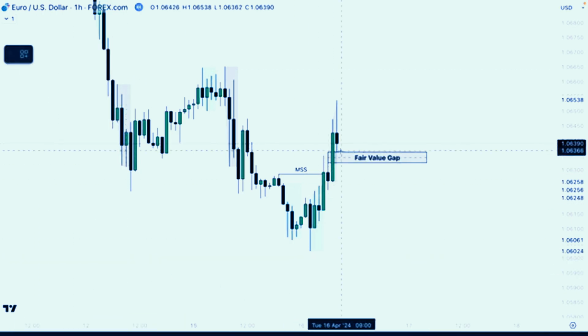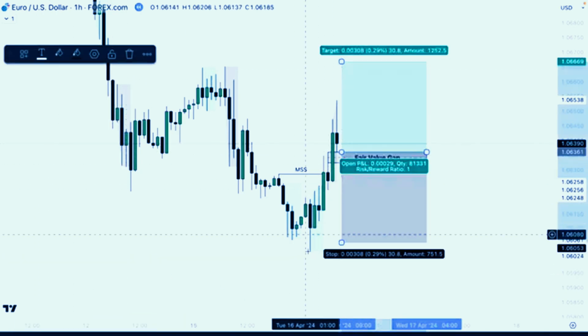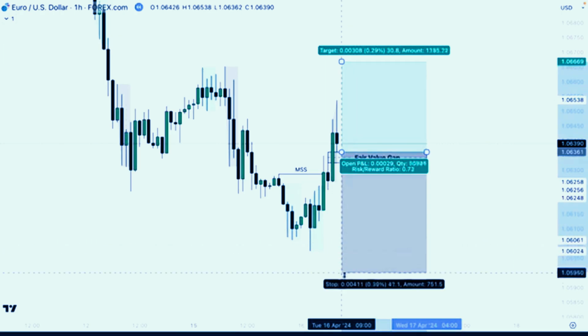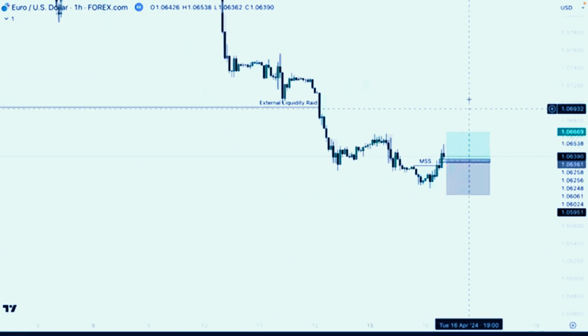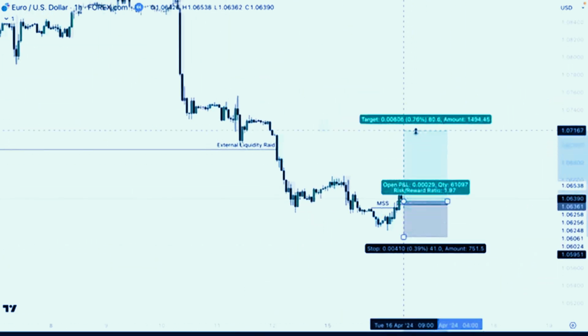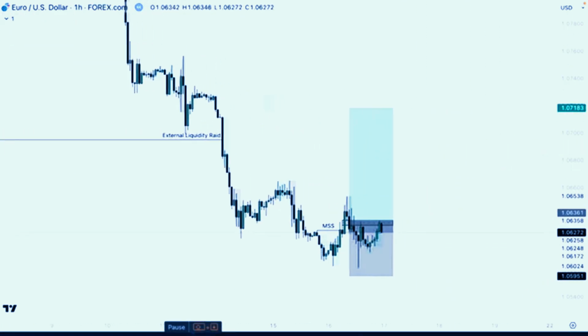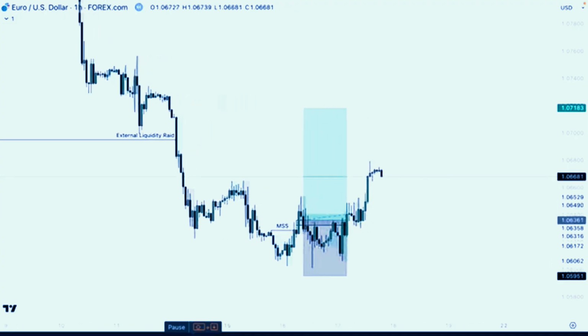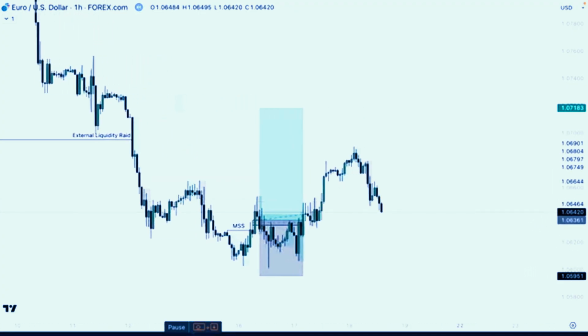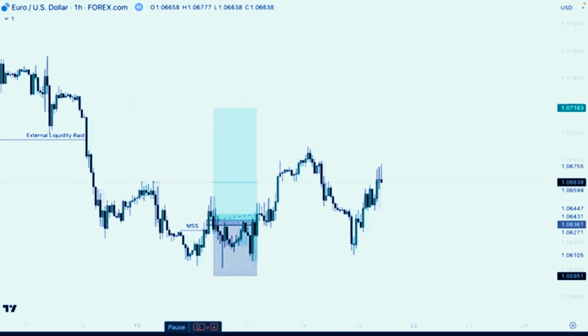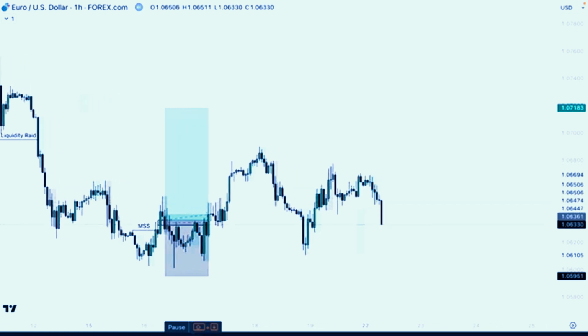We can go ahead and place our buy limit order on the start of the fair value gap. We put our stop below the swing, and we simply target a 2 to 1. And we wait for price to run and see what happens. It takes a while.